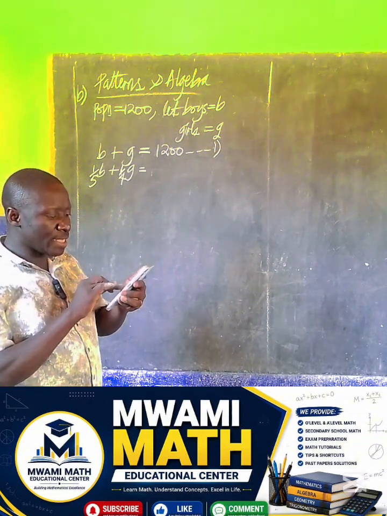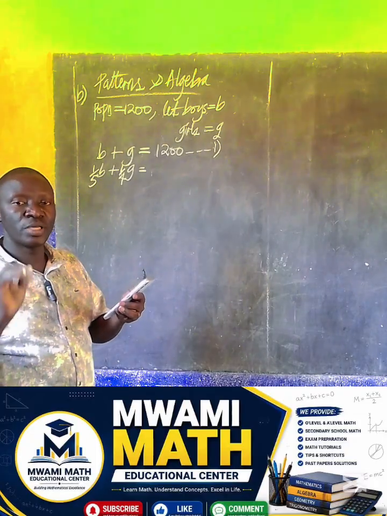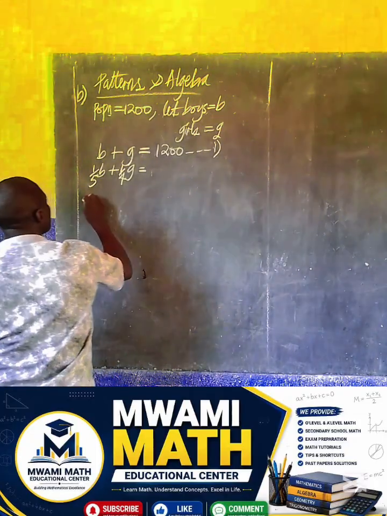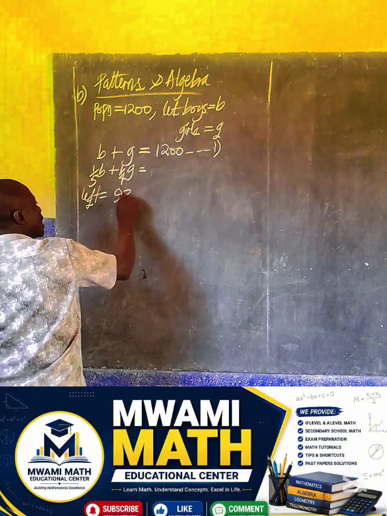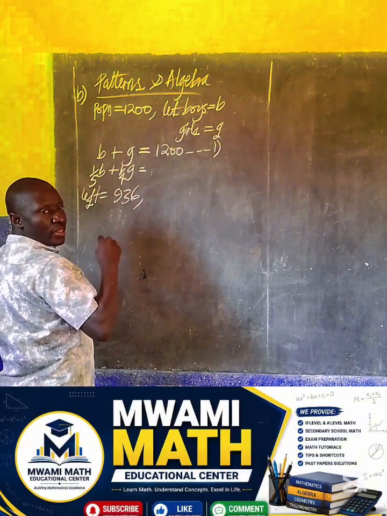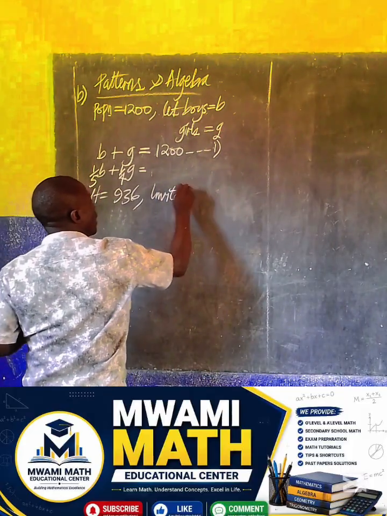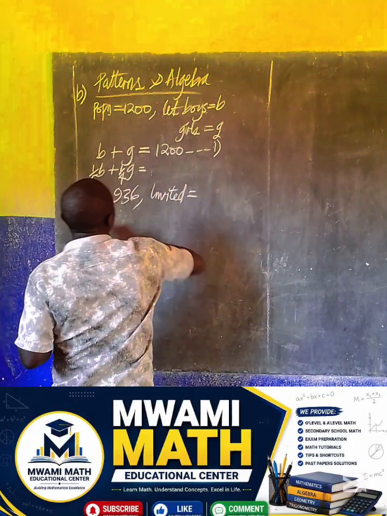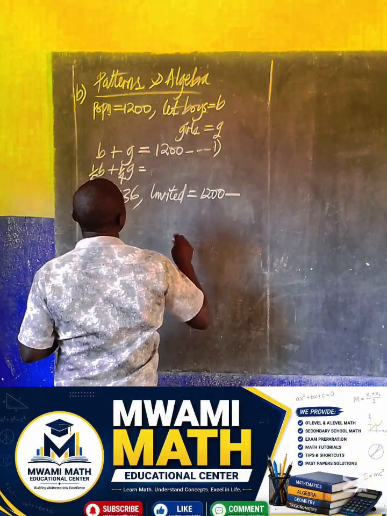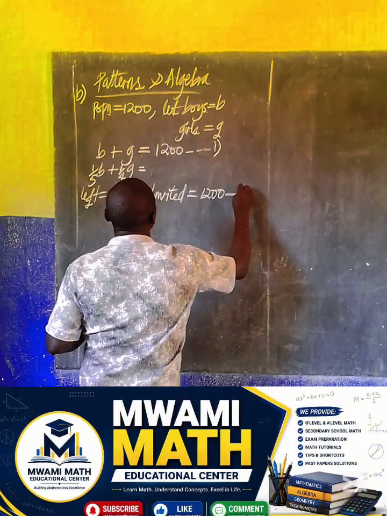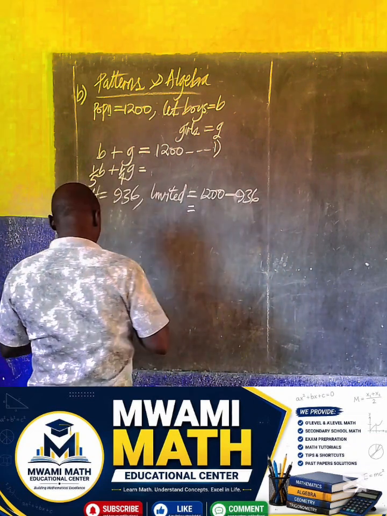But they have told us that 936 students were left behind. So those left behind were 936. In other words, those who were invited are 1,200 minus 936.